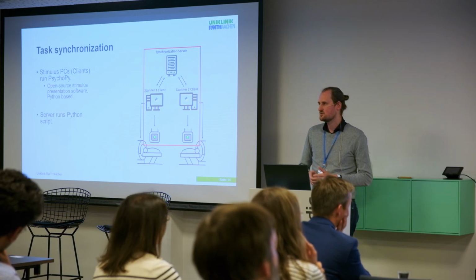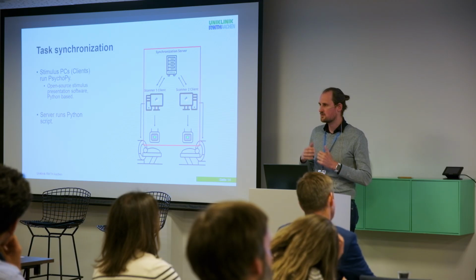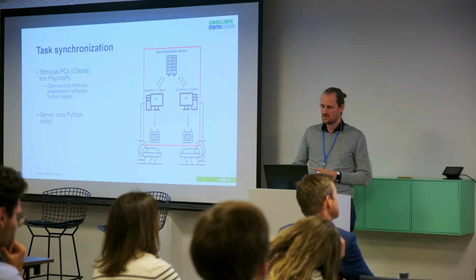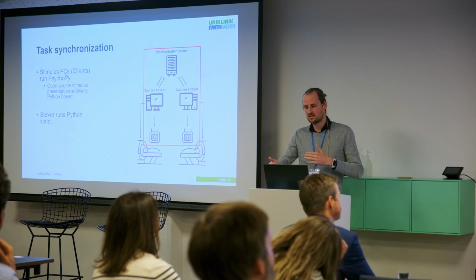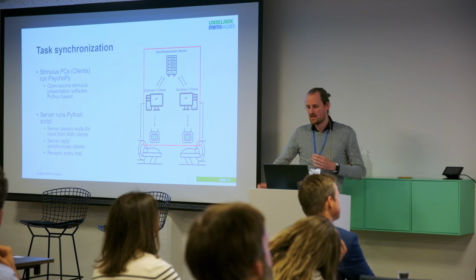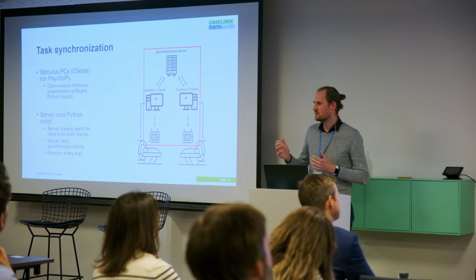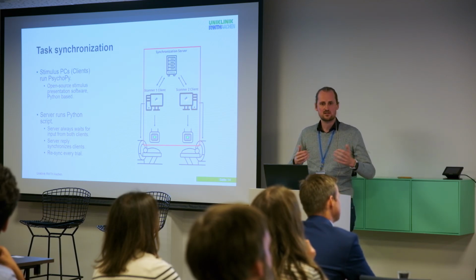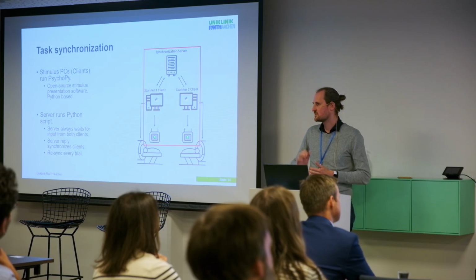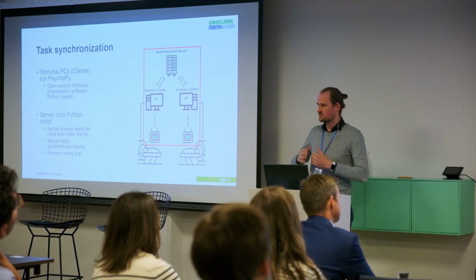In our case, we had to interact with this task by running a server. So our server runs a Python script, and what this server does is it connects to our client PCs, and it receives input, it receives messages. So it receives a message when we connect to the server, when we start the game, when we start a task, and also every time the participant presses a button, when they perform the task, it sends a message to the server.